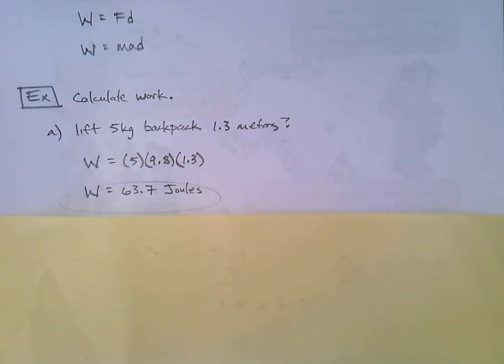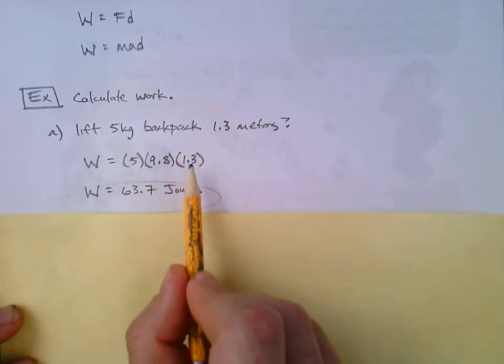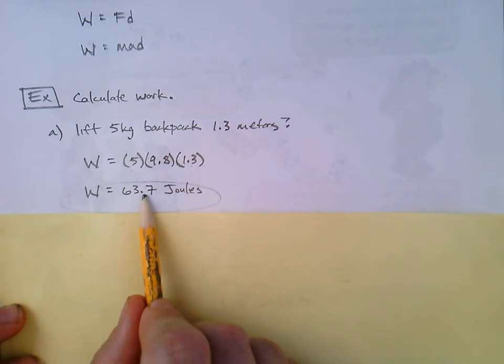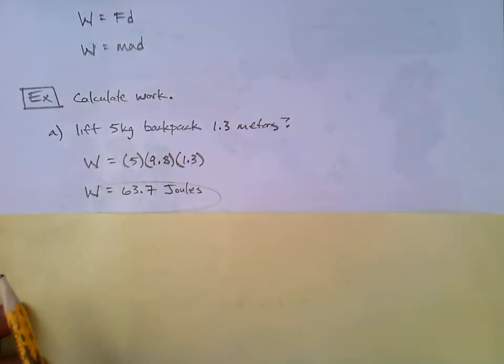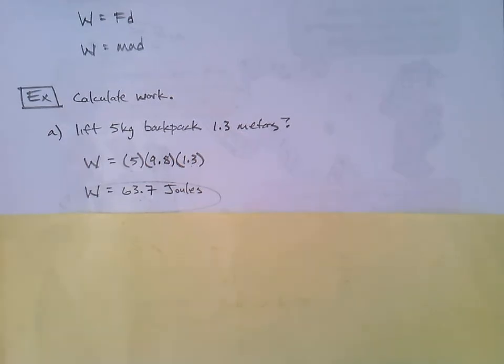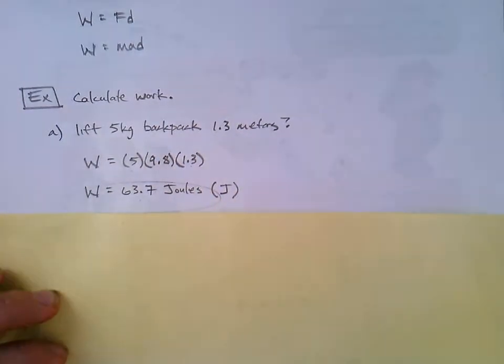And our distance is 1.3 meters. And so you see that our mass is in kilograms, our distance is in meters, and that's going to give us our result. And you see the units there. So here work equals 63.7, and we say the units here in metric are joules, which you often see just denoted by a capital J.